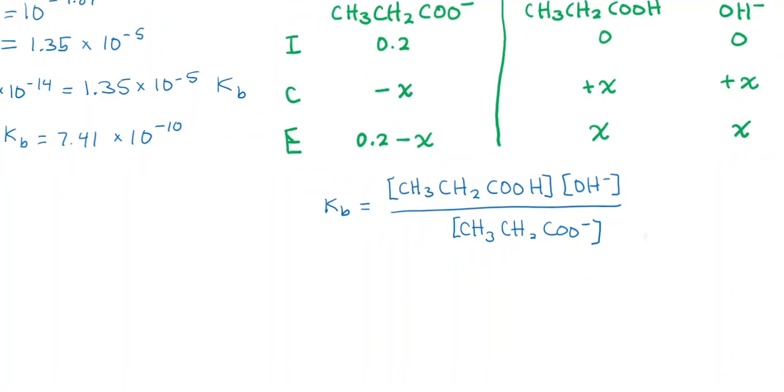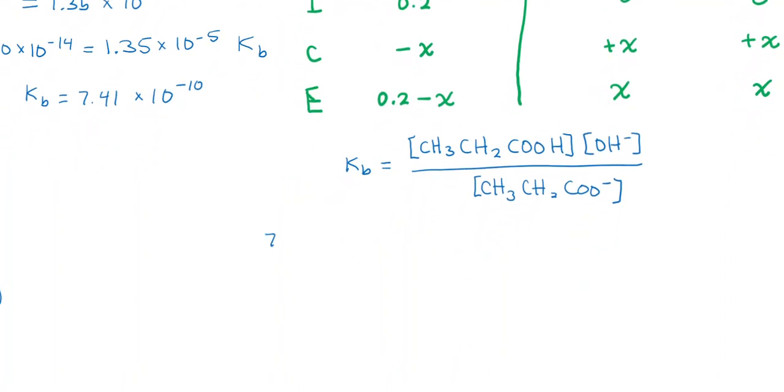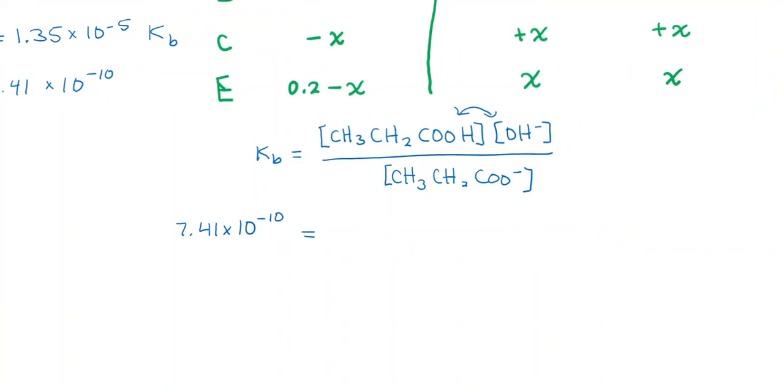And then once again, we can plug in the values. So this is going to be 7.41 times 10 to the minus 10 equals, remember that these two are equal. They're both x, so we can write it as x squared, and then over 0.2 minus x.